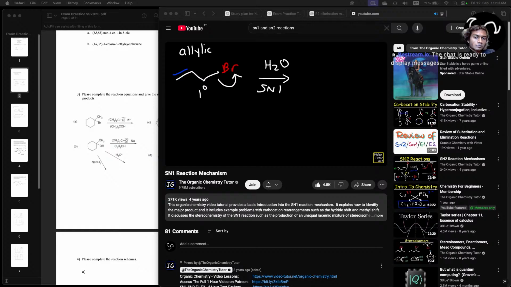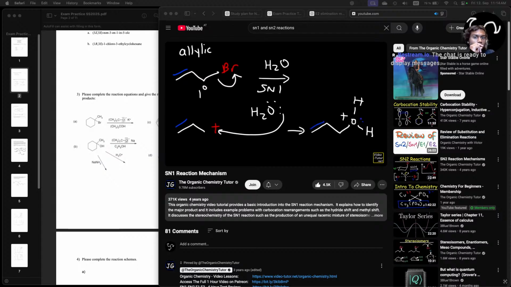Now, it's important to understand that the primary allylic alkyl halide can also undergo an SN2 reaction, because this alkyl halide is not sterically hindered, so both the SN1 and the SN2 reaction can work with it. But let's focus on the SN1 product. Once the bromine atom leaves, we get a primary allylic carbocation. Then water attacks the carbocation, giving us an intermediate that looks like this.